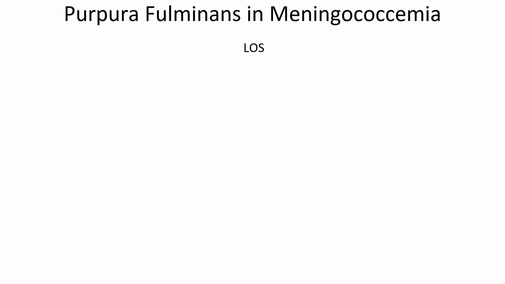It starts with the LOS, the lipo-oligosaccharide. As I said before in the priming question, we can refer to this as a virulence factor, so LOS or LPS, also often referred to as endotoxin.